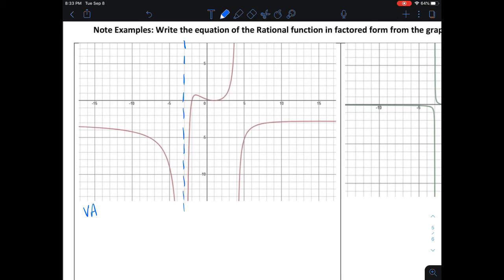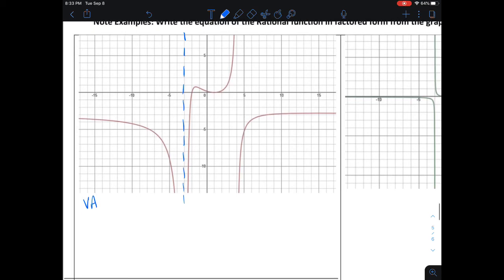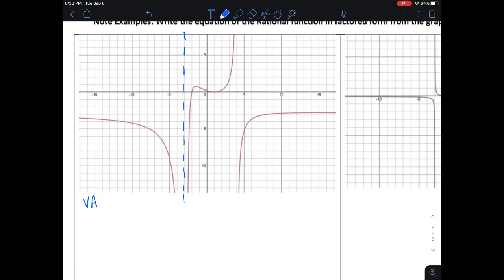It's hard to see it because the graph didn't stretch down far enough, but there is one right there at -3. So at x equals -3, we have a vertical asymptote. Notice how the left side and the right side both point in the same direction. Since both sides point in the same direction around the vertical asymptote, it has a multiplicity of 2.